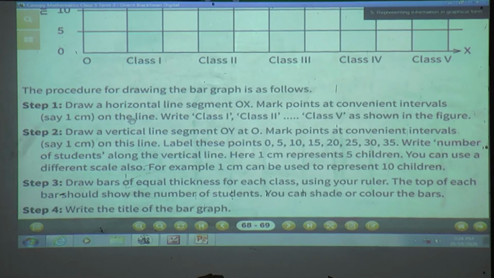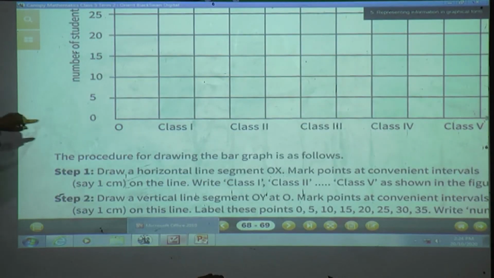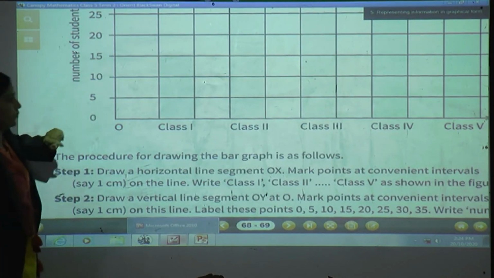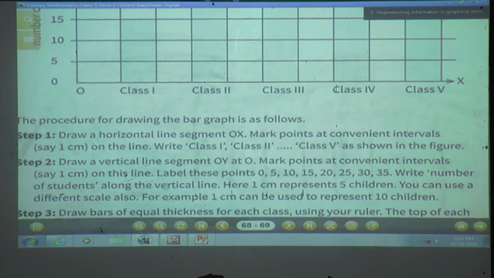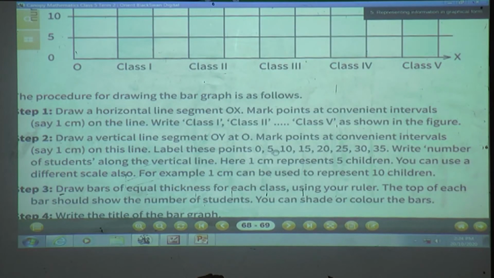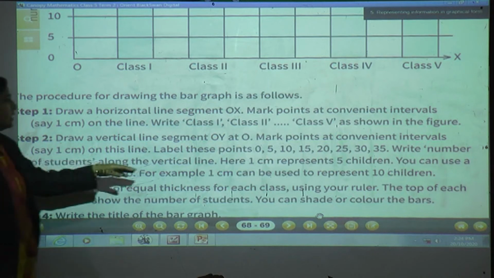Now step 2. Draw a vertical line segment OY at 0. Here, vertical line segment OY at 0. And mark points at convenient intervals. Okay. Label these points 0, 5, 10, 15, 20, 25, 30 and 35. Write the number of students along the vertical line.